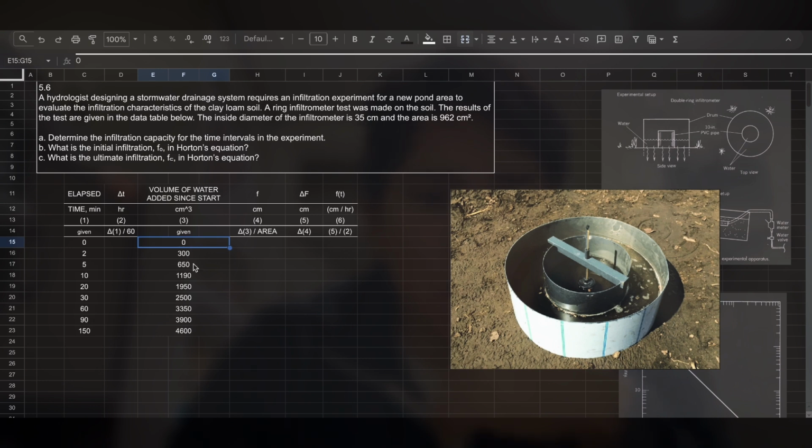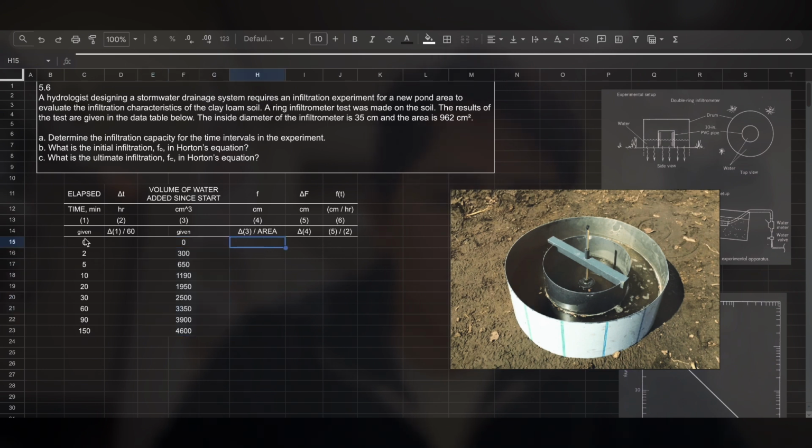Instead of giving us the measurements of the depth of water as it decreases while infiltrating into the soil, I think they are giving us how much water they added to keep the level of this float the same throughout the whole experiment, the 150 minutes or two and a half hours duration. And given this water added, we're gonna solve for these other columns in this problem.